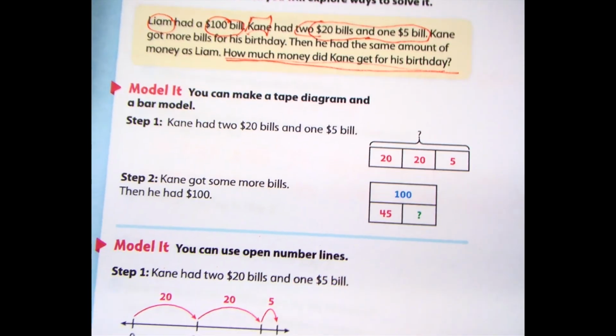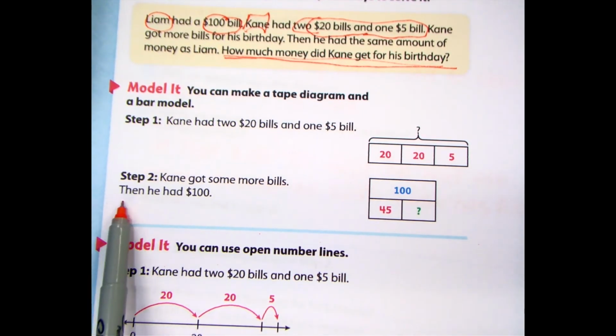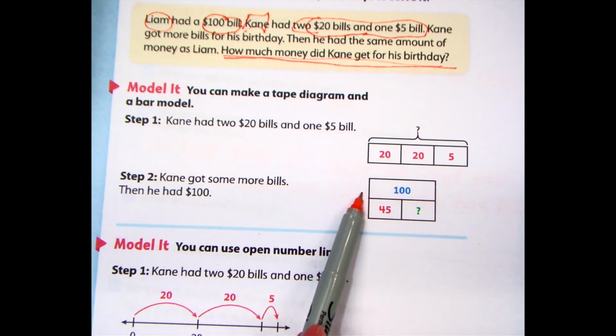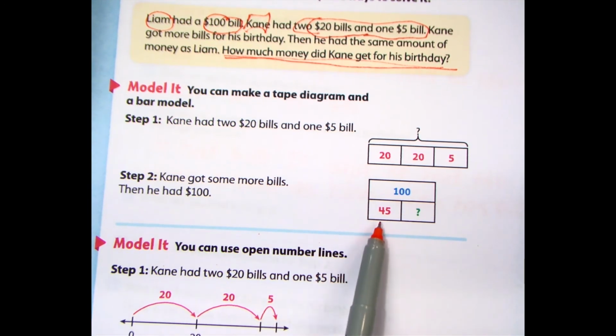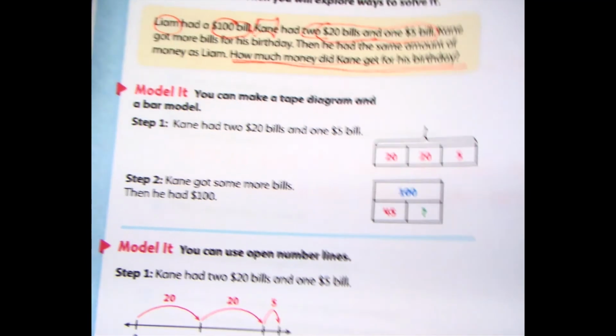So if we go back here and look at step 2, page 224, we start with our total amount of 100. Then we know he had 45, and now I need to know the other part.